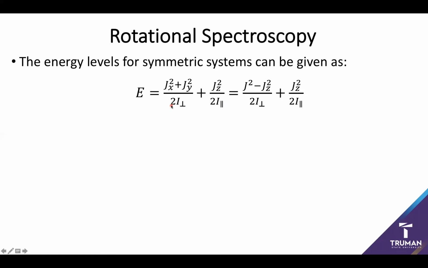Now, one of the things that is worth noting is that it's going to be very unfortunate if we try and use x and y angular momenta, because don't forget, these form a complementary operator set with each other as well as with z. So we're going to want to get away from this notation as fast as we can.